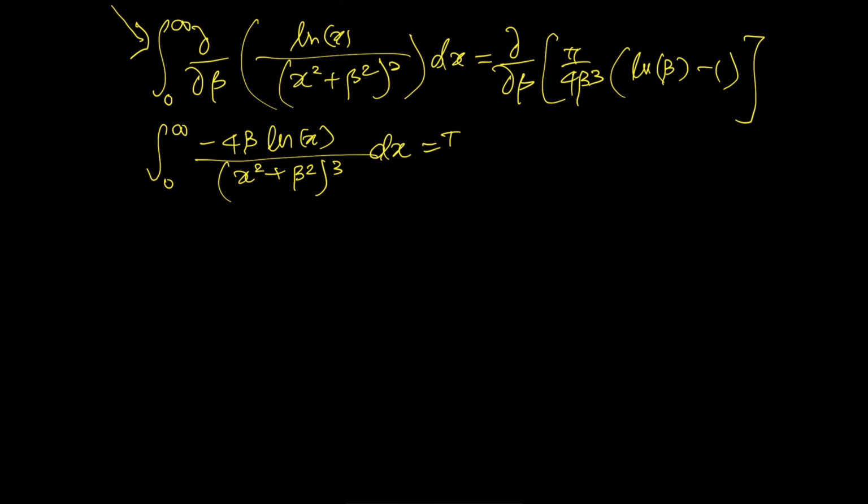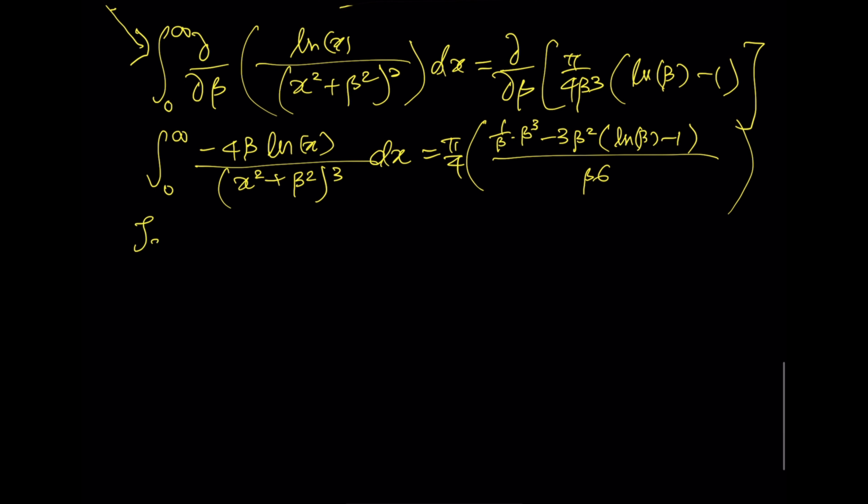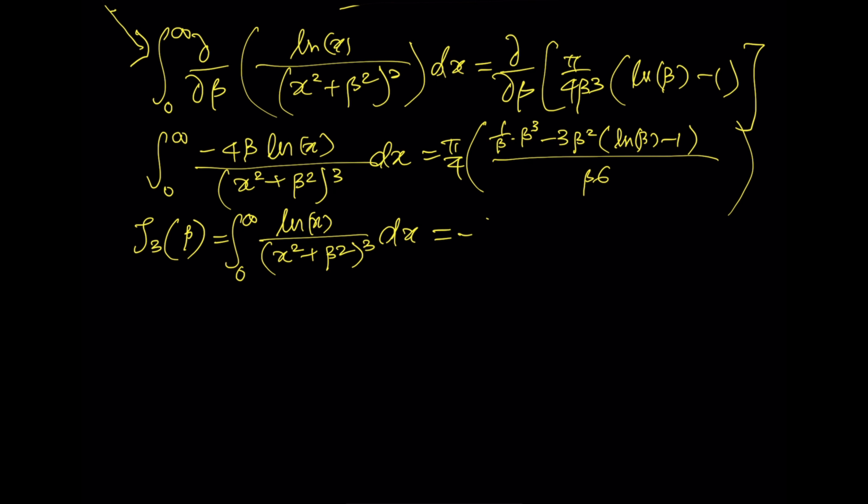The right hand side equals constant pi divided by 4, and then the denominator is beta power 6 while the numerator is 1 over beta multiplied by beta power 3 minus 3 beta power 2, and then multiplied by natural log beta minus 1. Let's bring the negative 4 beta on the left hand side to the right hand side and then further simplify the right hand side. We obtain J3(beta), which equals negative pi divided by 16 beta power 5 multiplied by 4 minus 3 natural log beta.